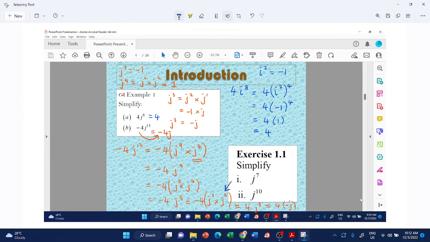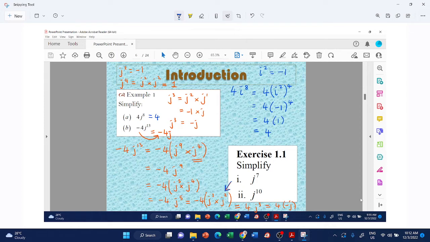Okay, so now we are at negative 4J power 13. The concept of power is called indices. So we have J power 13.